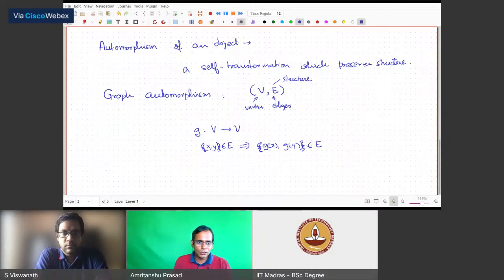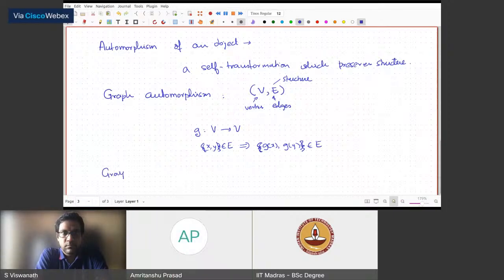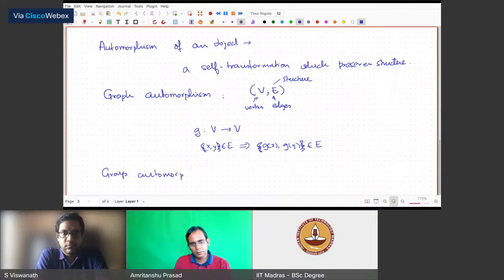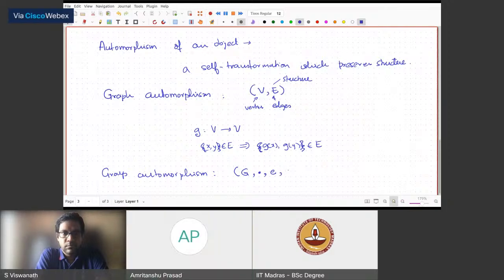But we can also talk about groups. What is a group? Well, a group is a set together with a binary operation, which I will denote by dot, and it has a distinguished element called e, and a function which takes x to x inverse.